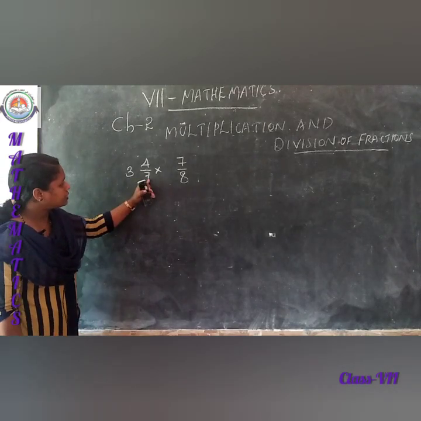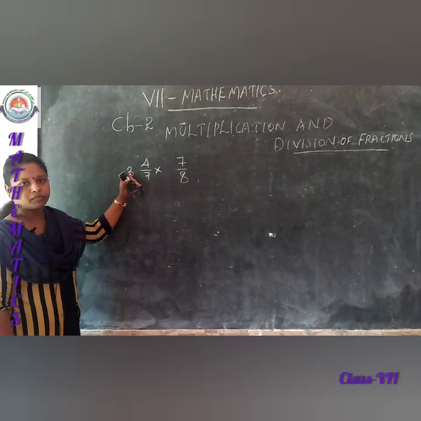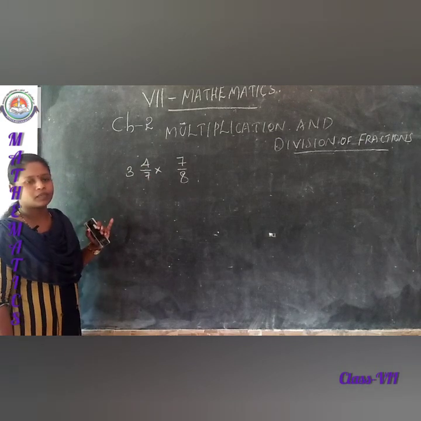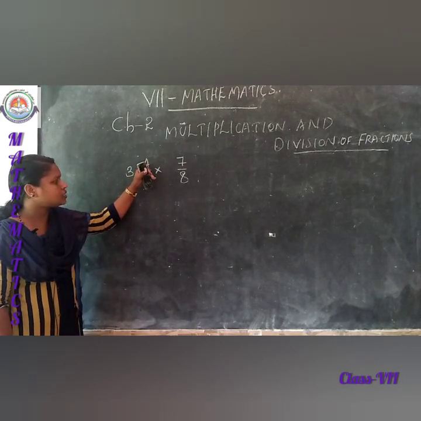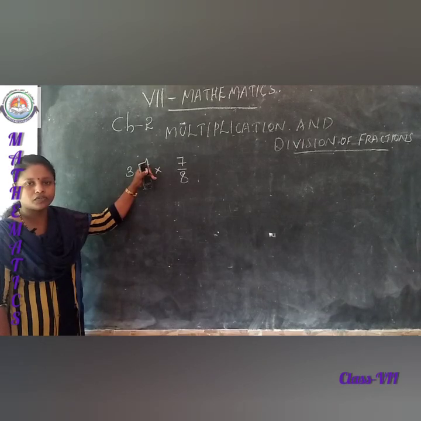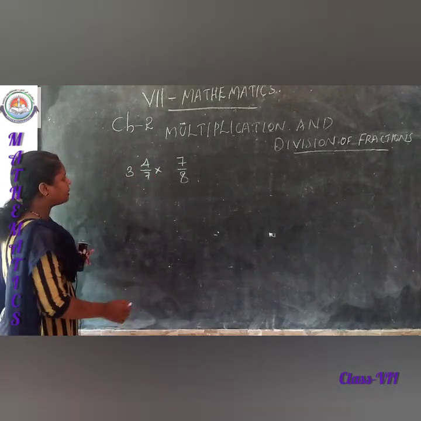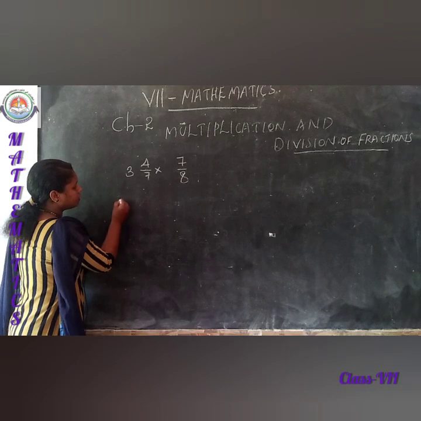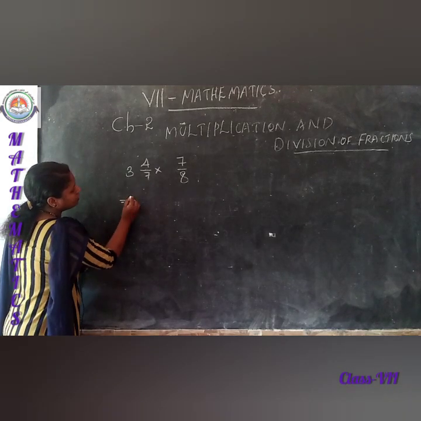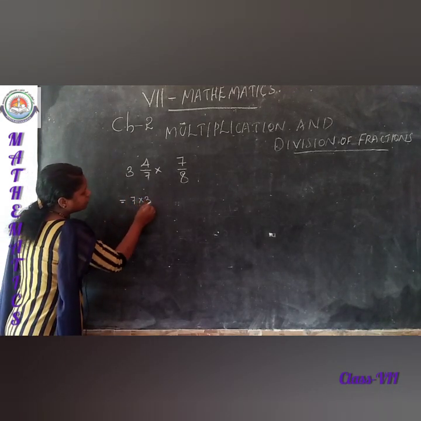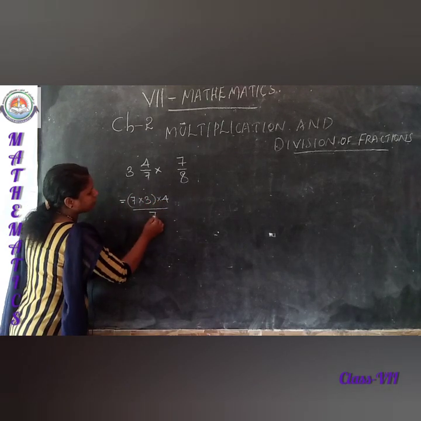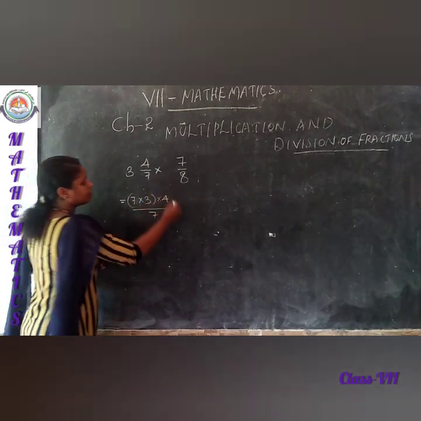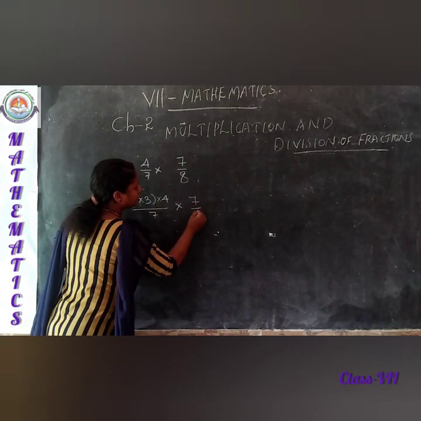That is 7 into 3 plus 4. 7 into 3 is 21, 21 plus 4, 25. So this mixed number 3 4/7 is equal to 7 into 3 plus 4 by 7, and here it is 7/8.